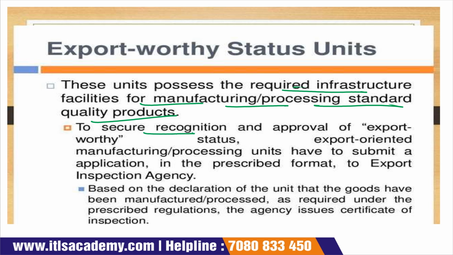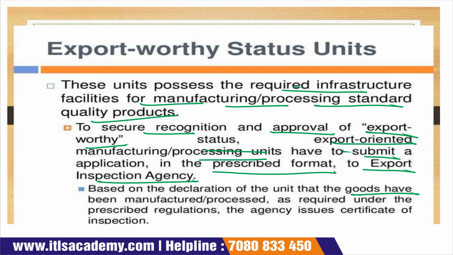To secure recognition and approval as an export worthy status export-oriented manufacturing or processing unit, it has to submit an application in the prescribed format to the export inspection agency, based on the declaration of the unit that the goods have been manufactured as required under the prescribed regulation. The agency then issues a certificate of inspection. So this comes under the export worthy status unit.